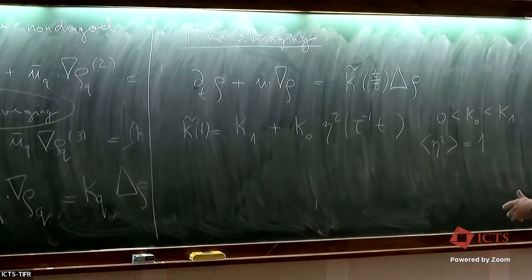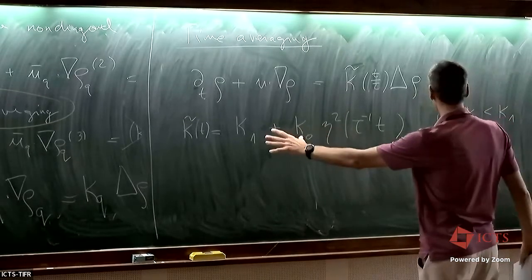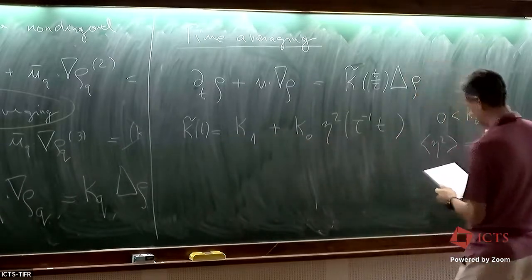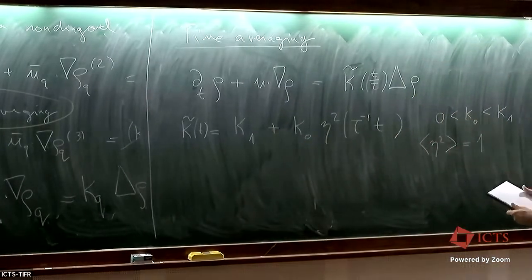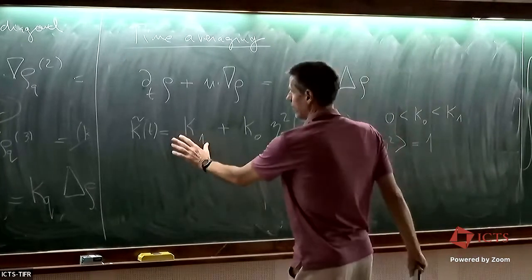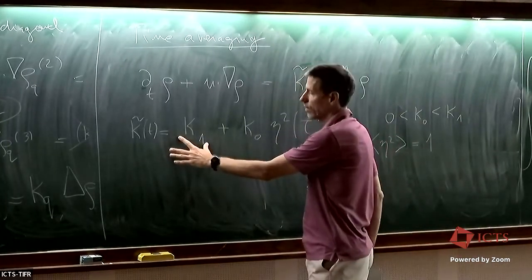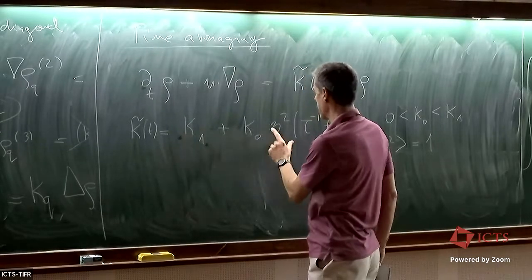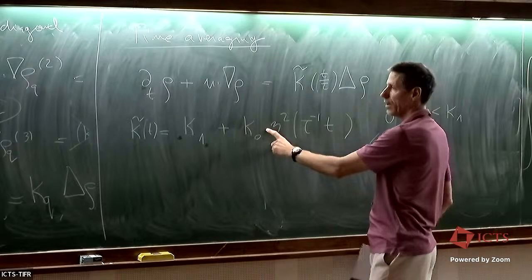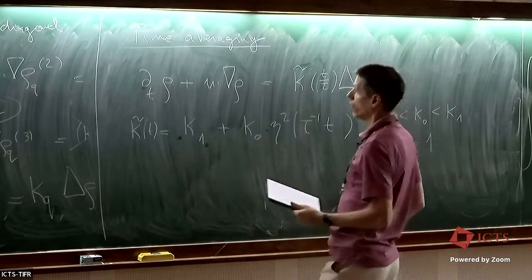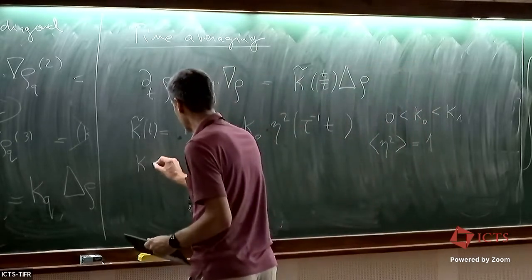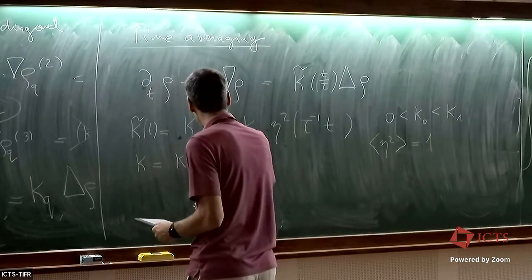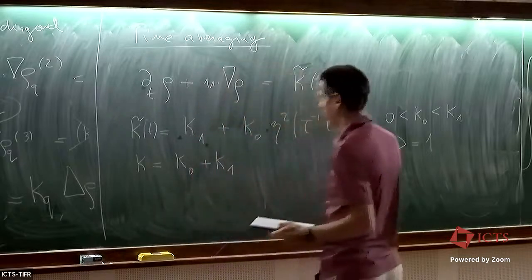So it's important already at this step to ensure that there's always this ellipticity. I'm thinking of kappa 1 as the smaller one. And since the average of this is 1, I want to converge to the average, which is kappa 0 plus kappa 1.